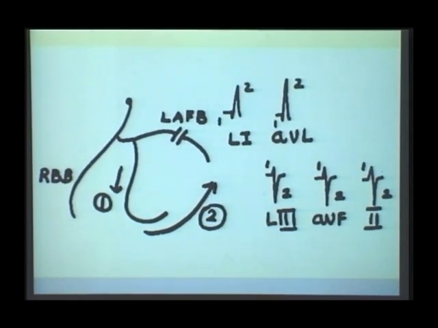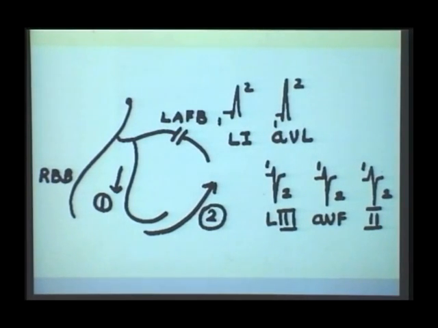Do you understand? So this results in what axis deviation? What I told you, what is the commonest cause of left axis deviation? Left anterofascicular block. So this results in left axis deviation. That's why whenever there is a left axis, you must immediately look for left anterofascicular block.